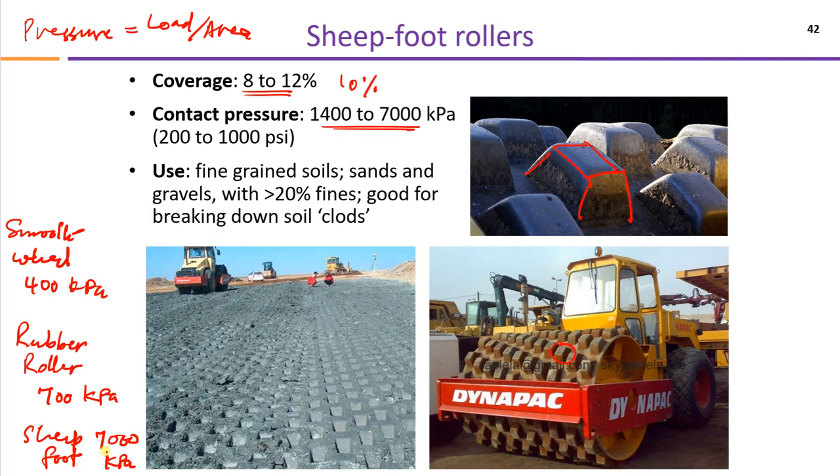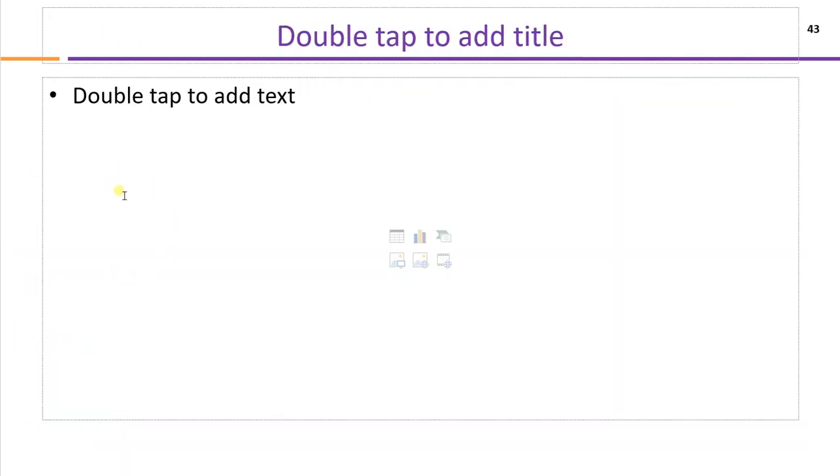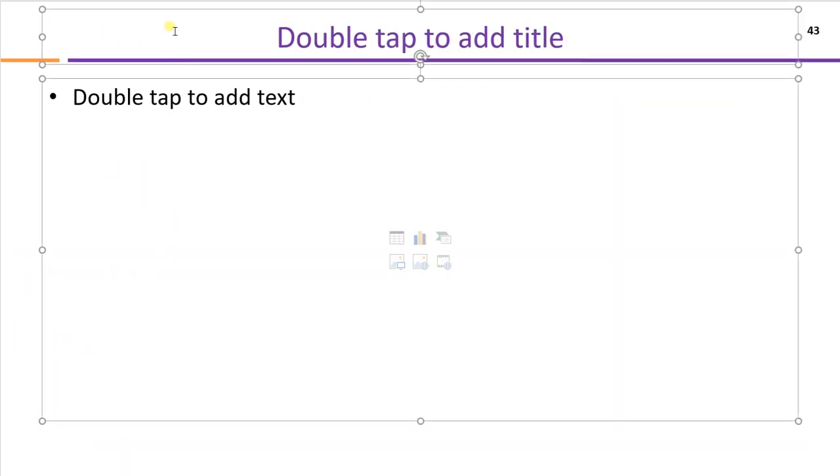So what happens is, let me insert one slide here. Suppose this is the wheel, and it has a lot of projections.